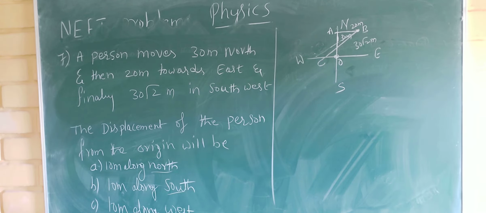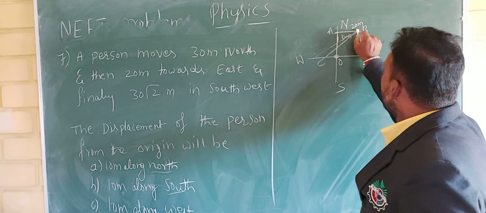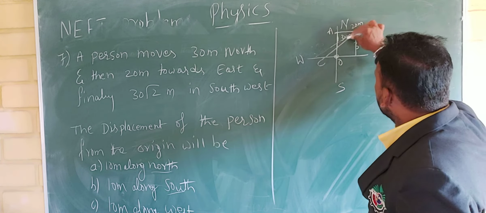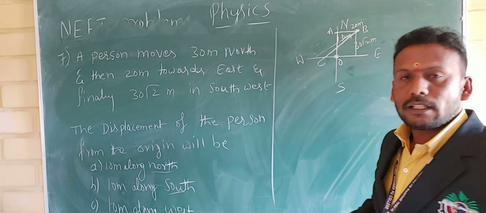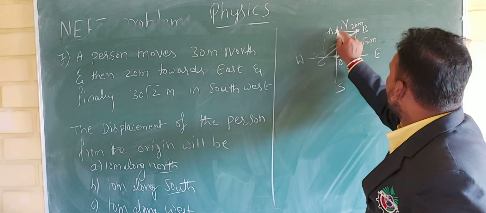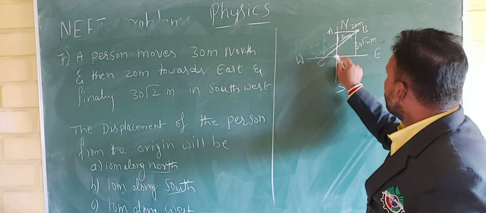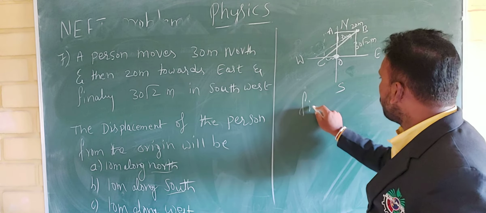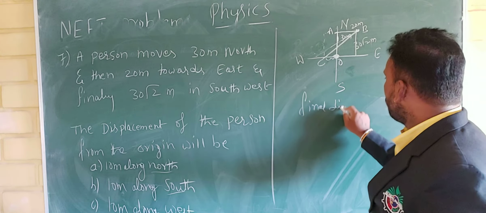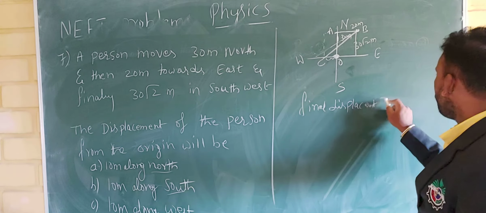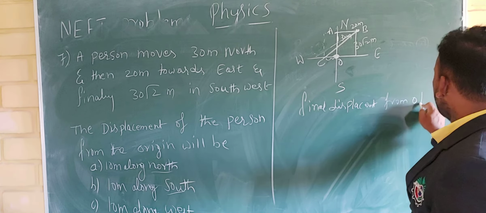Clear? How to calculate? This is 20 meter, this is 30 meter, and this one is 30 root 2 meter. From this point to this point is 20. What is the final displacement from O to C?